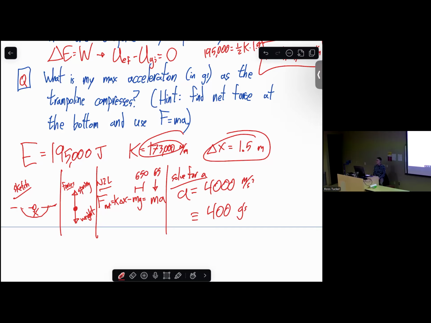The forward, upward, and rightward forces have a plus sign in F equals ma. The downward, leftward, backward forces have a minus sign in F equals ma. This is what I mean by net force.